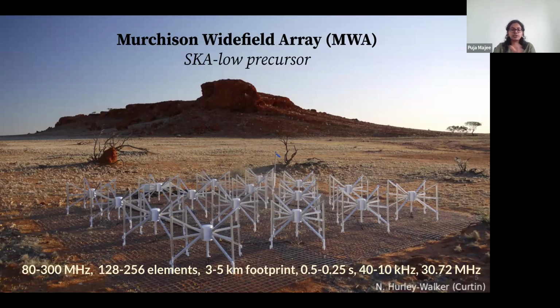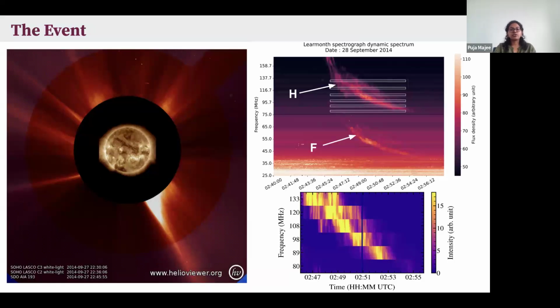Now, let's go into the event that we have analyzed here. So this is the event. As you can see on the left hand side, you see a CME eruption, and this was also associated with an M-class flare. This event gave rise to this beautiful type 2 burst.